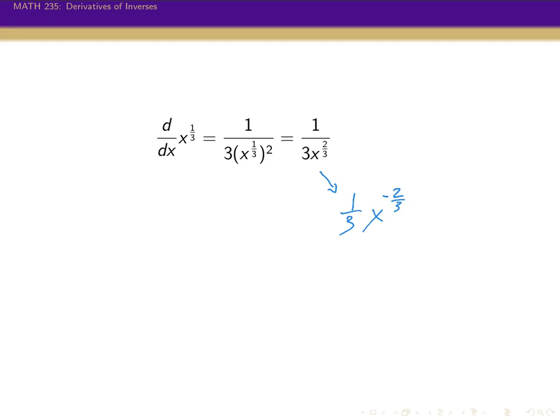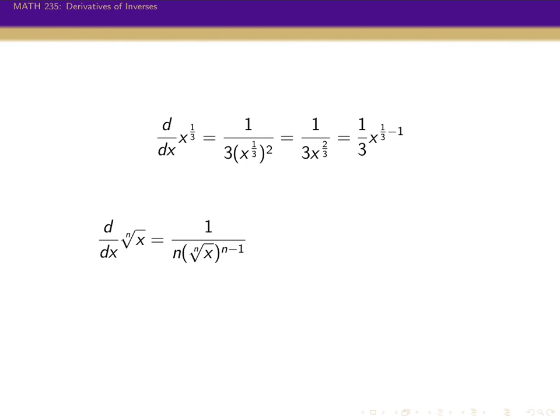And minus 2/3 is equal to 1/3 minus 1. And so this also matches with the power rule, where our old power was 1/3. When we take the derivative, the 1/3 comes down, and our new power is 1/3 minus 1.